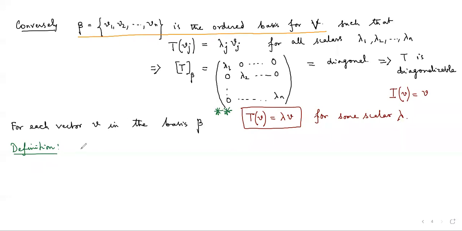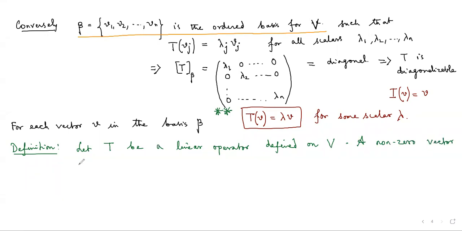So now I'm going to define the new terms that have been introduced over here. If T is a linear operator defined on a vector space V, a non-zero vector V belonging to V is called eigenvector or proper vector.